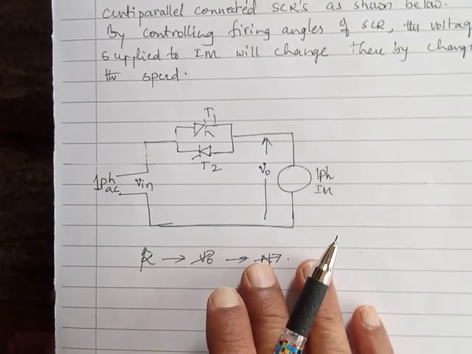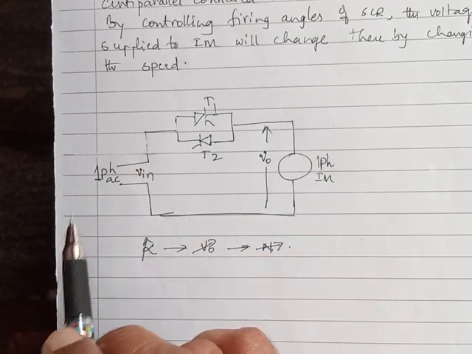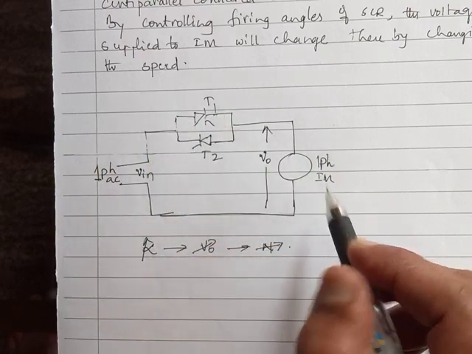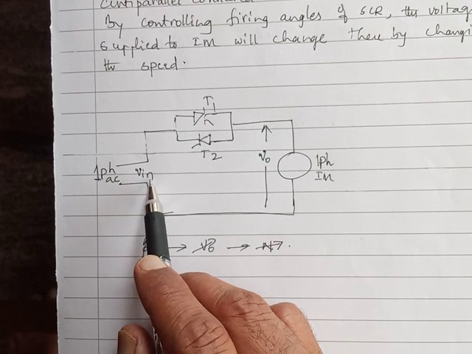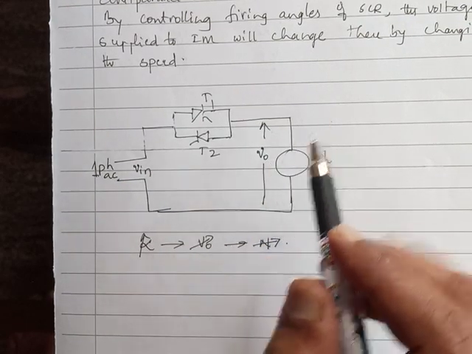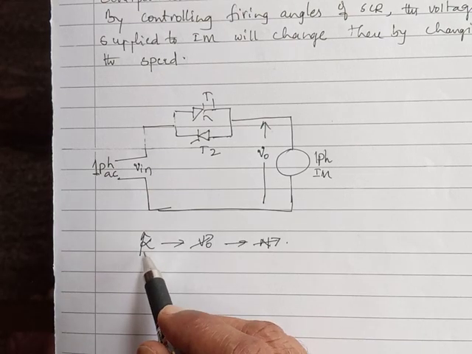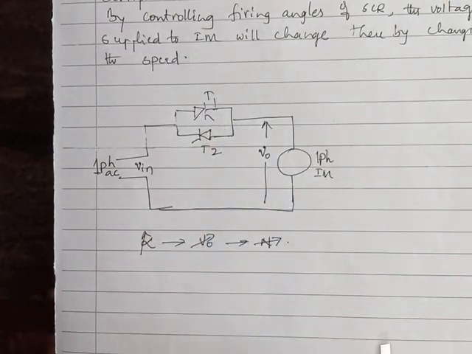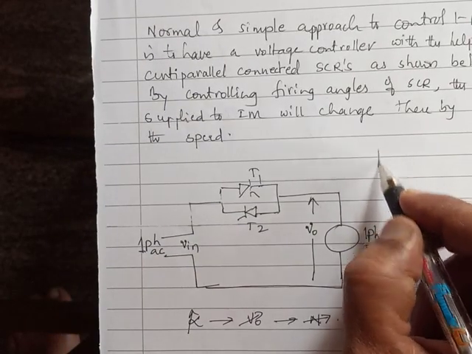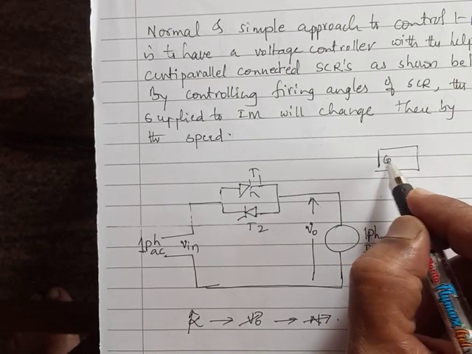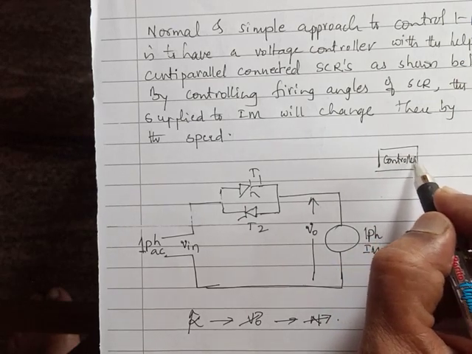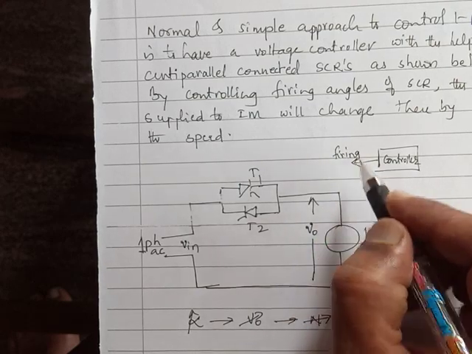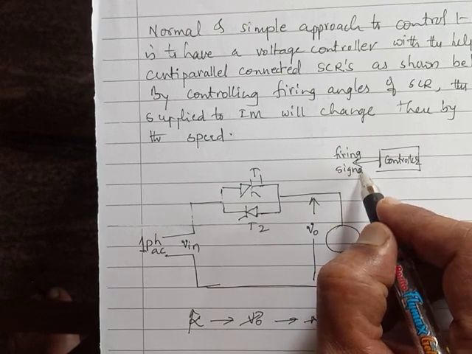So look at the schematic. We have single phase AC fixed, we have two SCRs connected anti-parallel, single phase induction motor, input voltage is Vin, output voltage is V0. By controlling alpha, the firing angle to the SCRs, we have the controller which feeds firing signals to the SCRs.